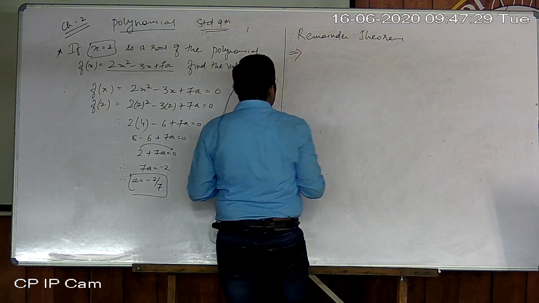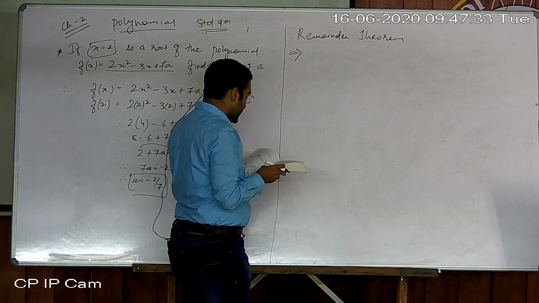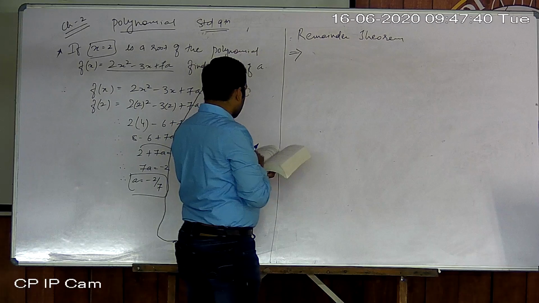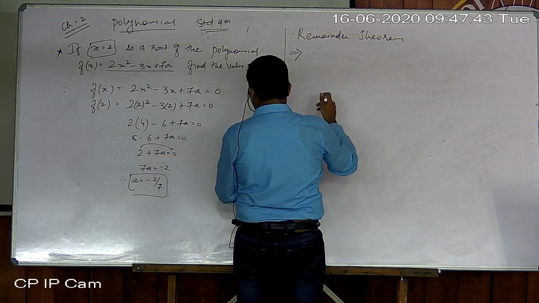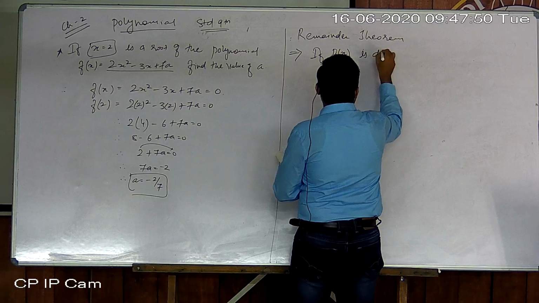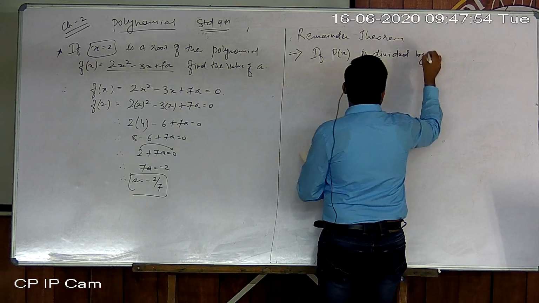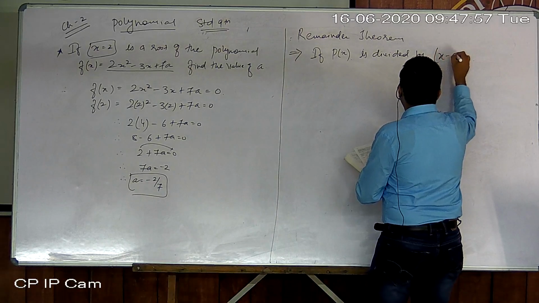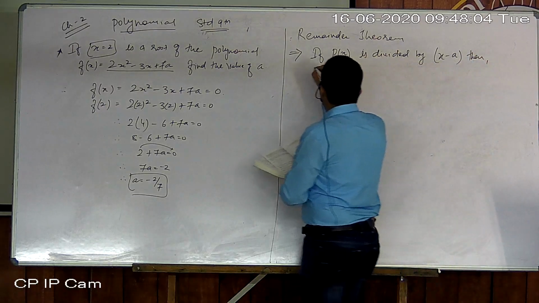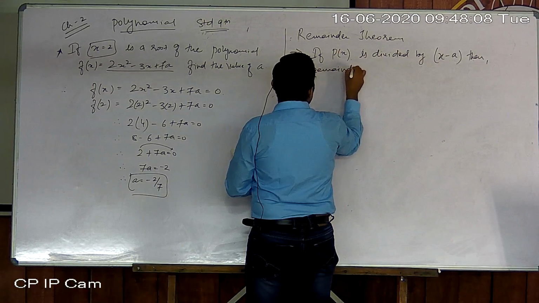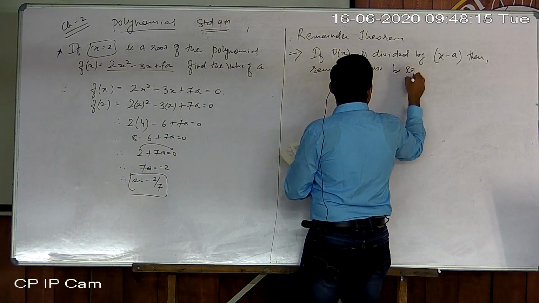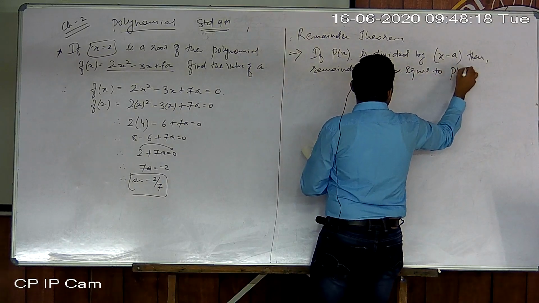First of all, what is the remainder theorem? The remainder theorem is: if p of x, a polynomial, is divided by another polynomial x minus a, then the remainder must be equal to p of a.